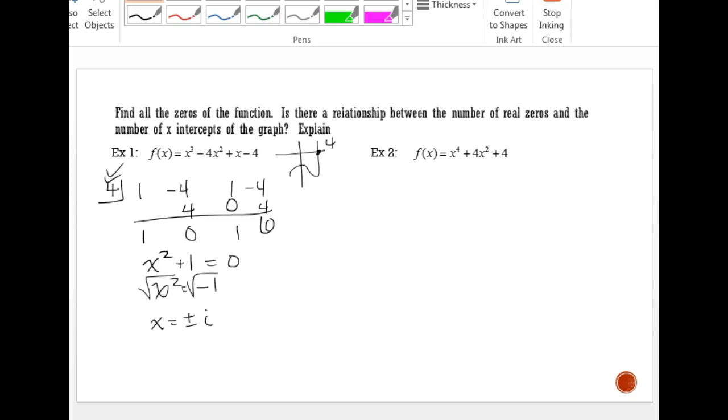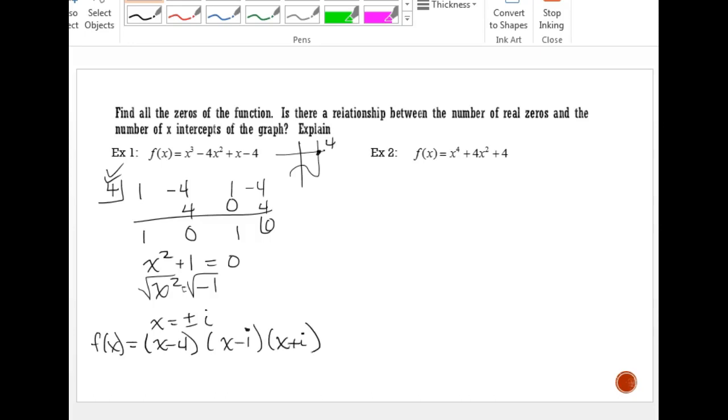Okay, so then it says to write it as a linear factorization. So the way I would do this is I would say f of x equals, make the 4 a factor, so x minus 4, and then put the i's in as factors, x minus i, x plus i.